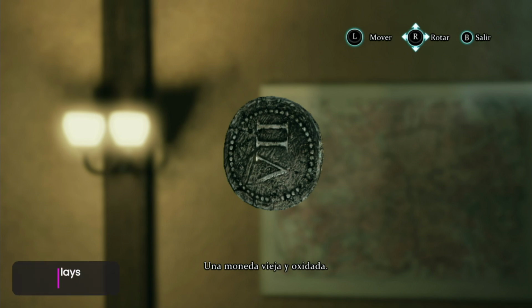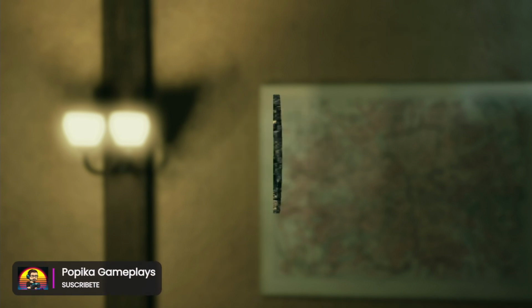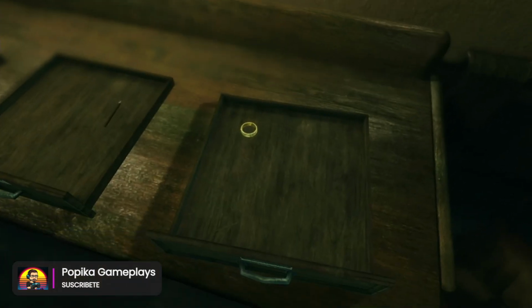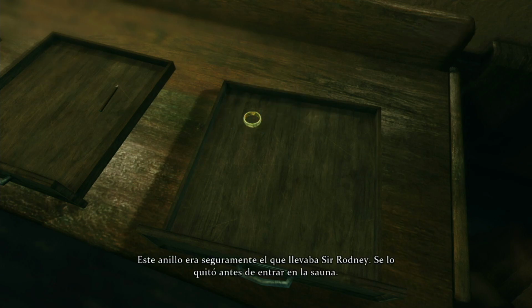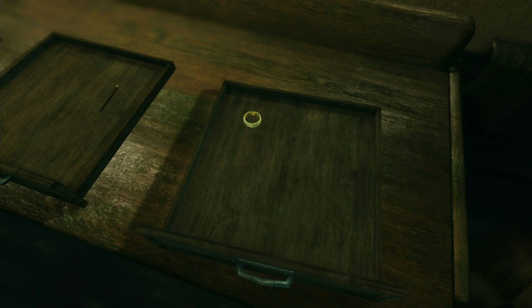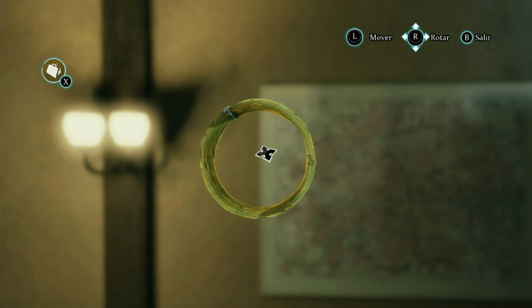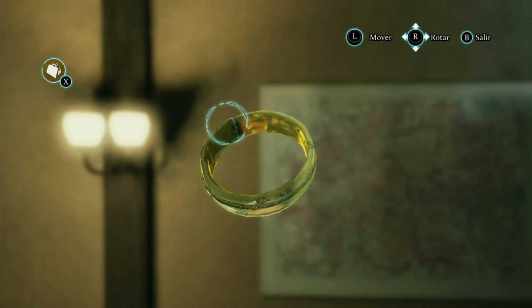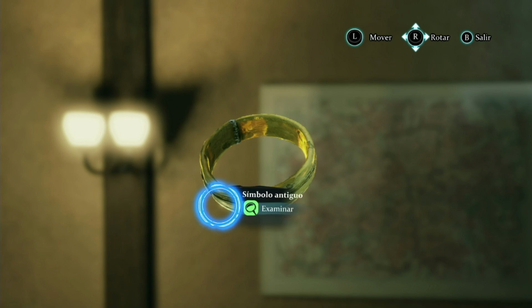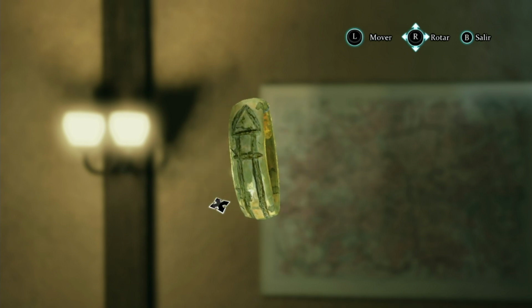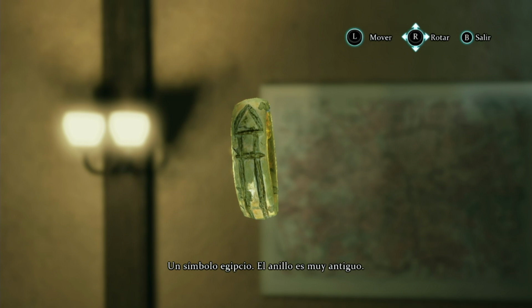An old and rather dirty coin. This ring was most likely the one that Sir Rodney wore. He removed it before entering the steam room. An Egyptian symbol.